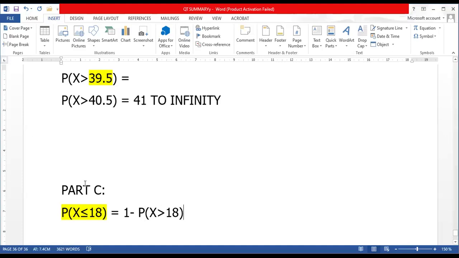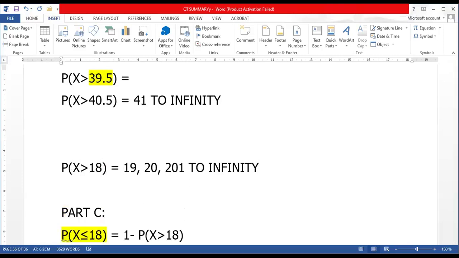Because if you are given, let's say, from 19, 20, 21 to infinity, that is the probability of X greater than 18. You have that. But the examiner is saying you look for the probability of X less than or equal to 18.